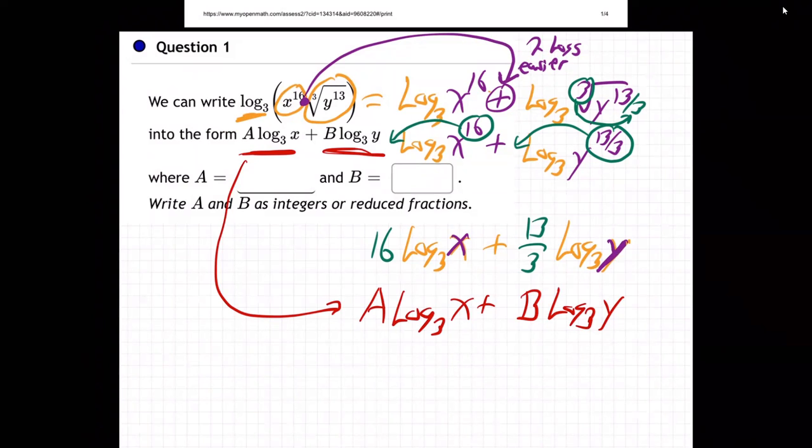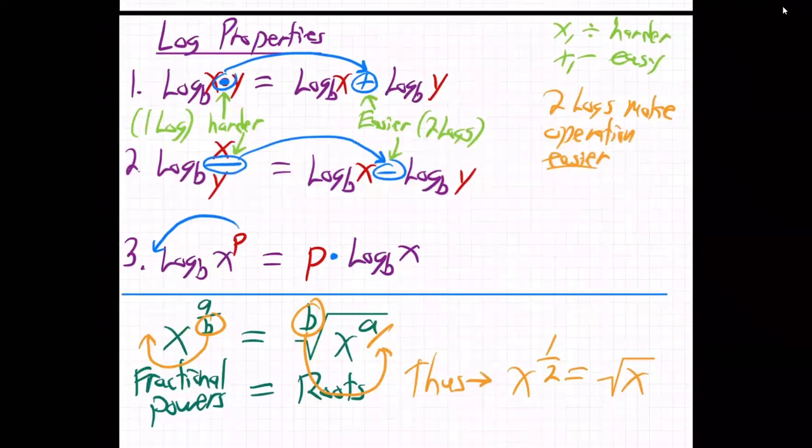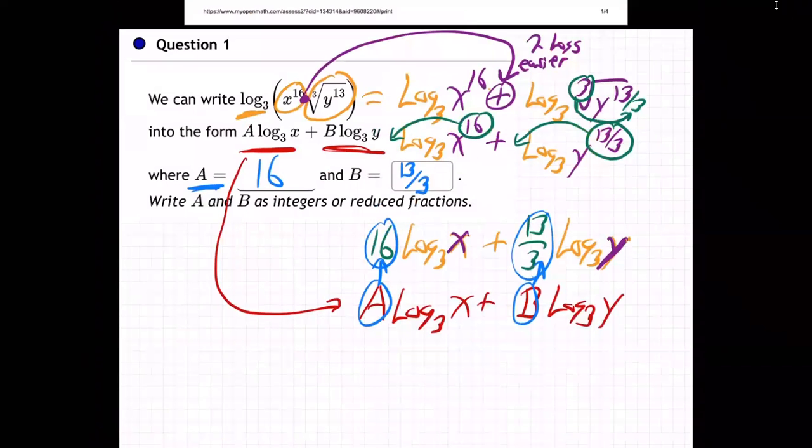Tell us what is a. Well, a is the 16, isn't it? And b is that whole 13 over 3. And there we go. Using these three log properties and the root-becomes-fractional-power property, we have done it.